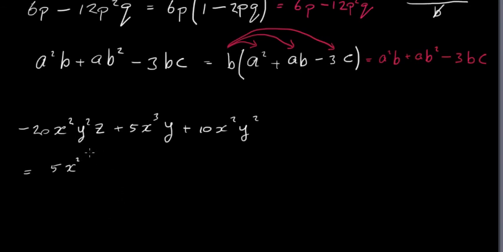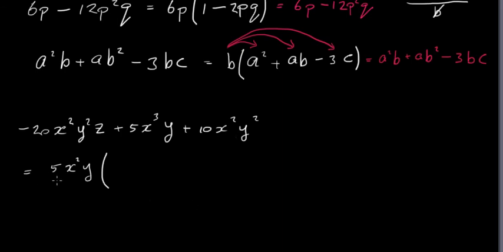Let's look at the y's. So we've got a y squared, a y and a y squared. So the highest factor there would be just y. Y will divide into y squared, y will divide into y, and y will divide into y squared. So I'm going to put in y here. We've got a z here, we've no z here, we've no z here, so z is not an option here. So this is our highest common factor between these three terms.